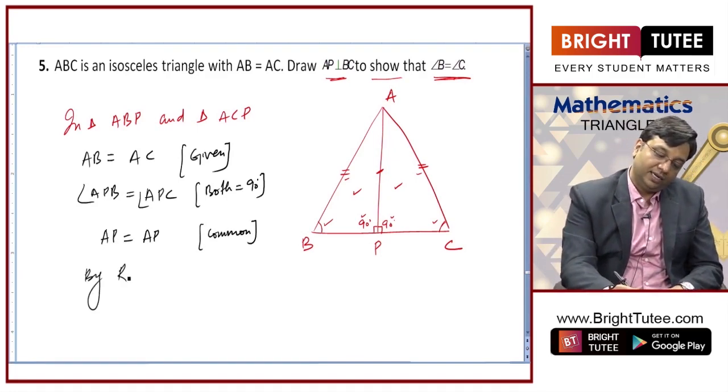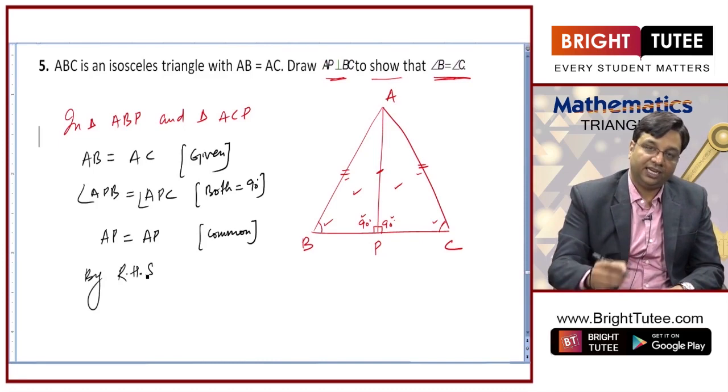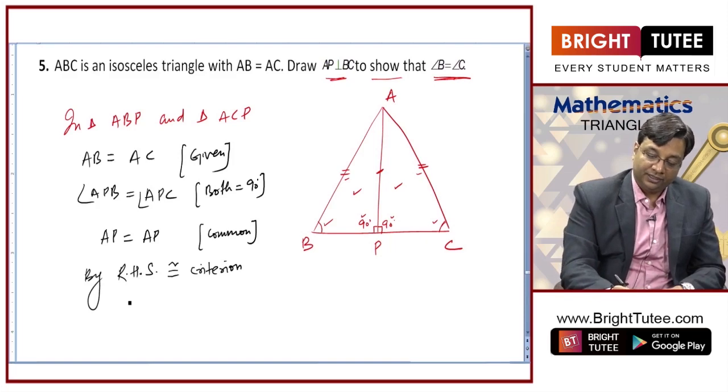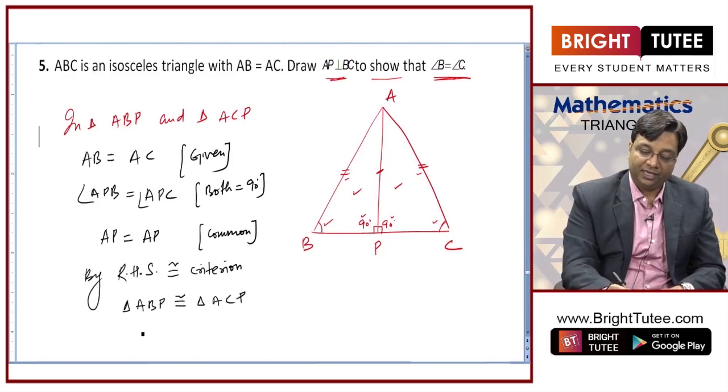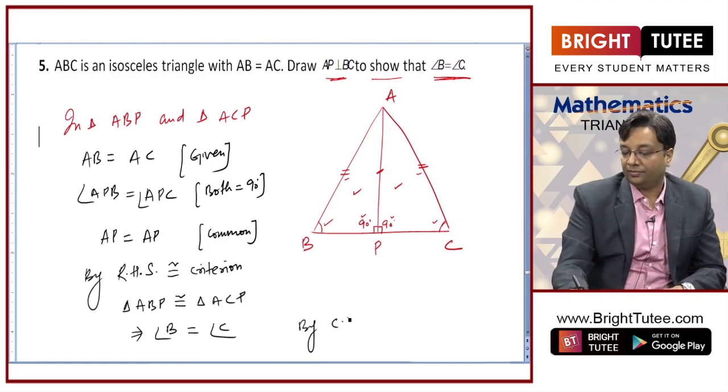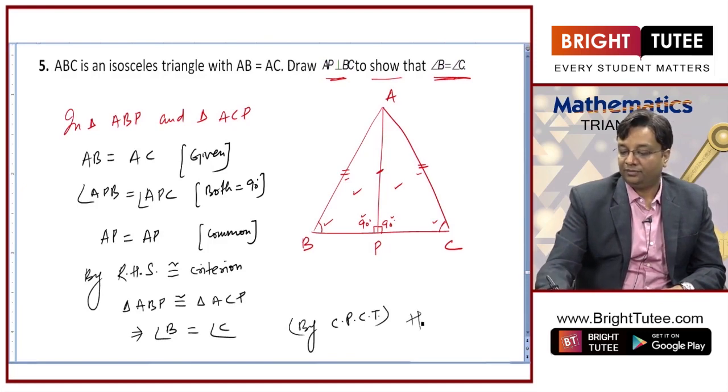So, by right angle hypotenuse side congruence criterion, triangle ABP is congruent to triangle ACP, and by CPCT angle B is equal to angle C. Hence proved.